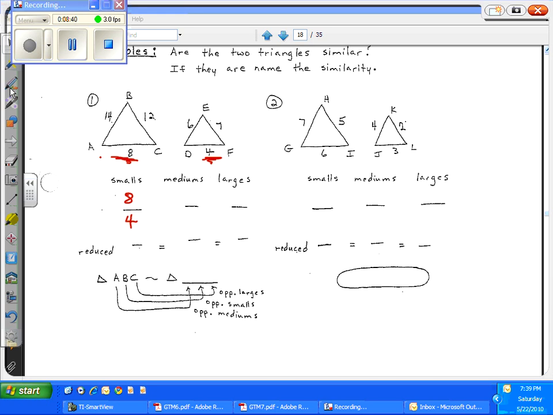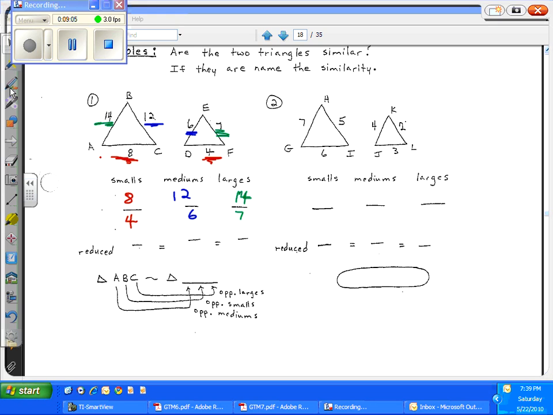So small 8 goes with small 4. The medium size would be 12 here, and the medium size would be 6 there. And so the 12 on top would go with the 6 on bottom. And then the largest, 14, would go with the largest, 7.